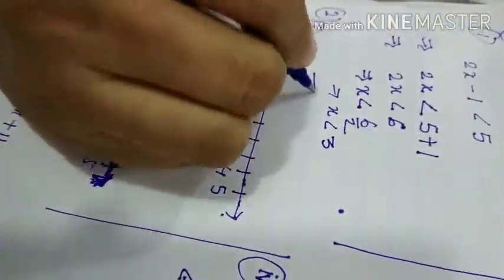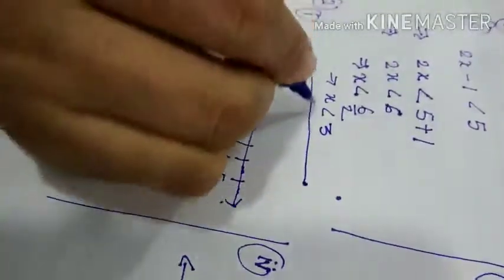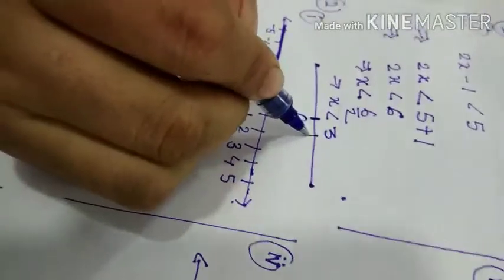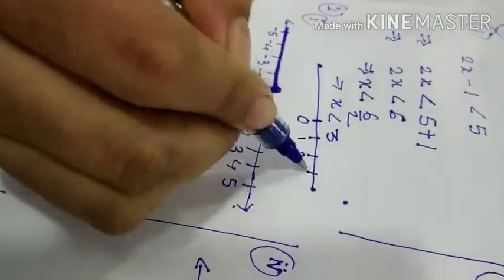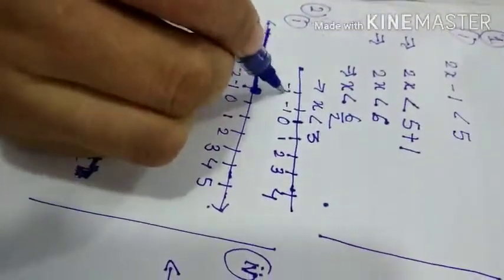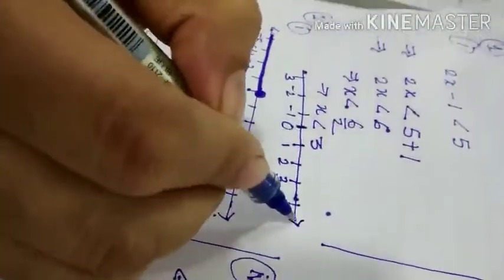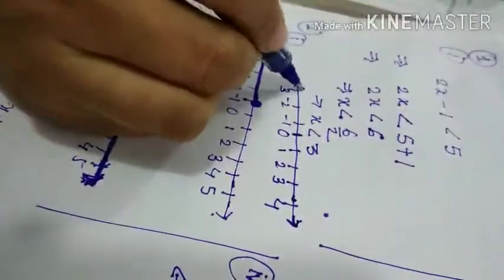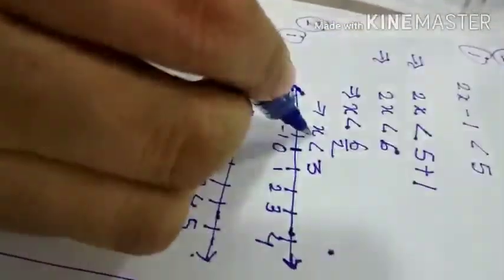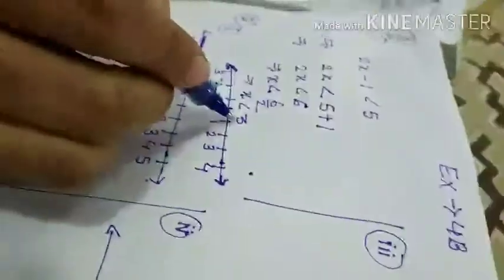To show this on a number line, how should I show it? As we have studied, a number line should be made up of 0, positive numbers as well as negative numbers, and both sides of the number line should be drawn with an arrow mark. Now keep in your head, my solution is x is less than 3.